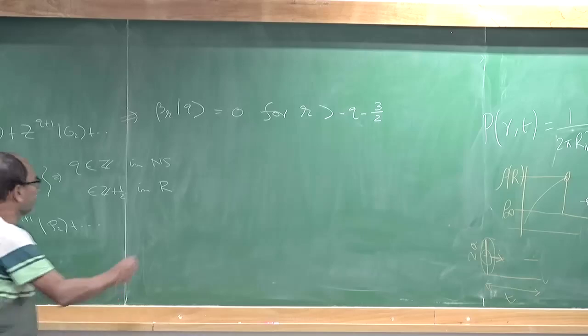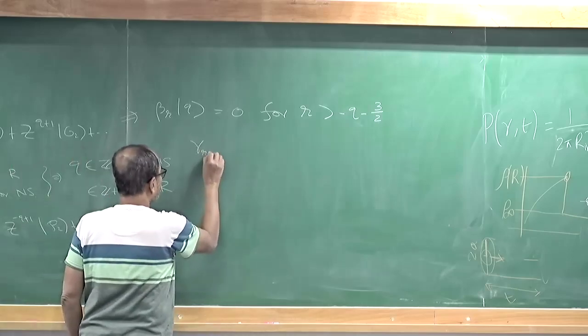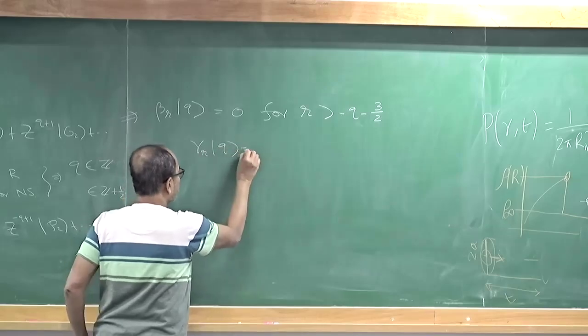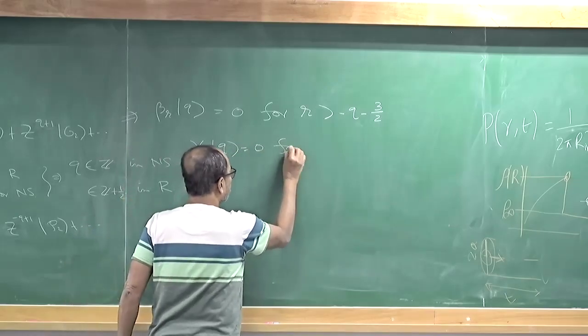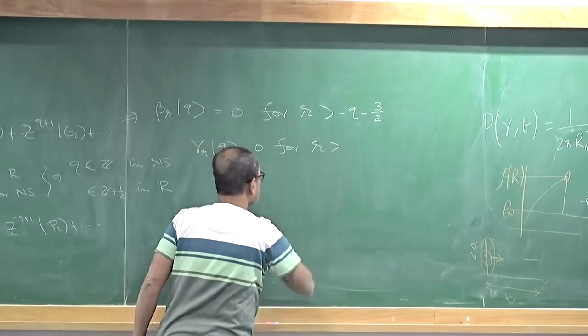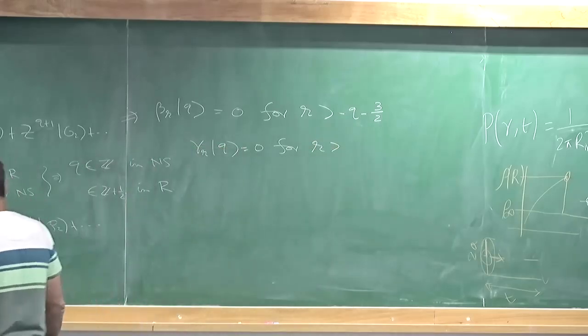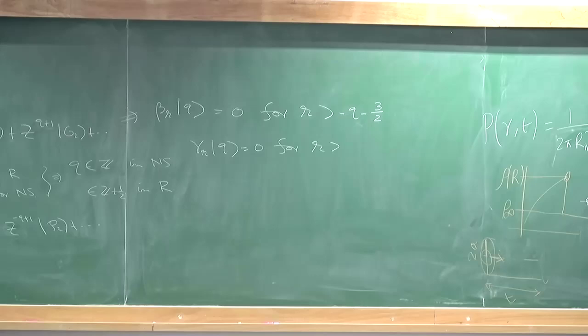Similarly, gamma r on q would be 0 for r larger than, here, so r should be larger than q plus half.